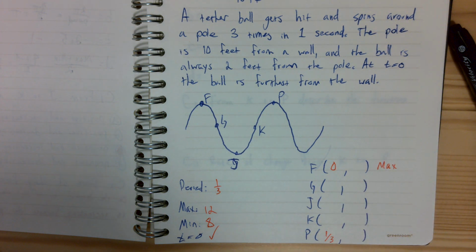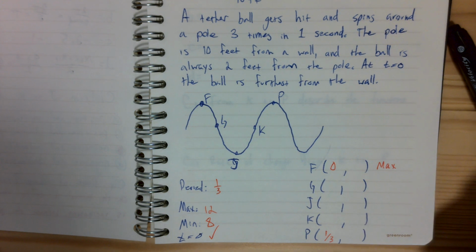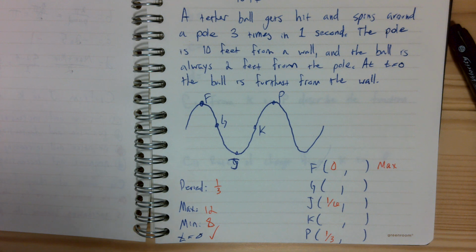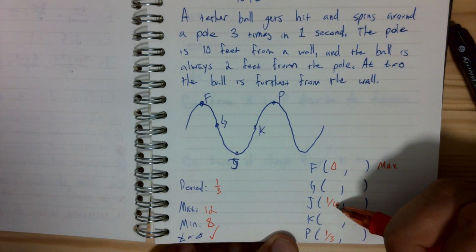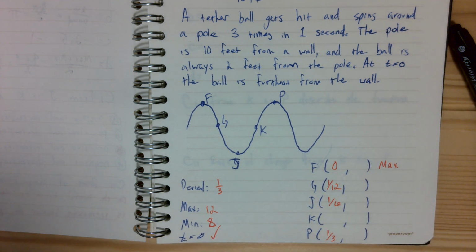And now we're just playing the game of halves. J is always going to be half of 1/3, which is just 1/6. You multiply the denominator by 2. Then G is always going to be half of that, so denominator times 2 again is 1/12.